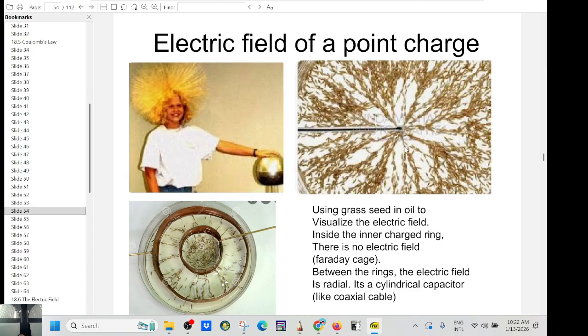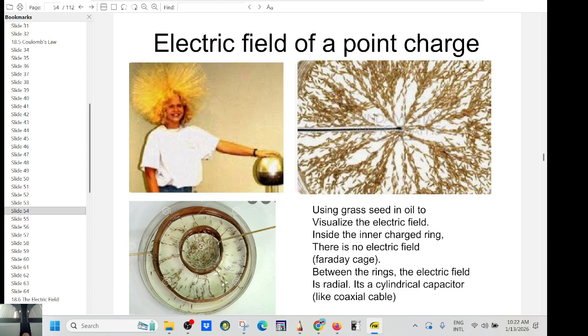Okay. So we can map the electric field using oil and little seeds. What's happening here, for example, is that you charge that, so that will be an electrode. Let's say it's positively charged. And this is oil, and you have little seeds. And these seeds will get polarized.